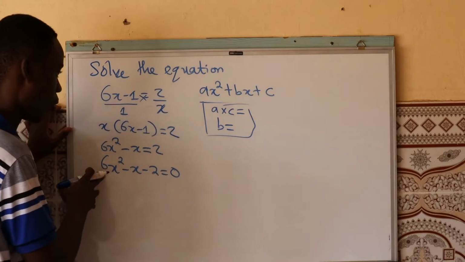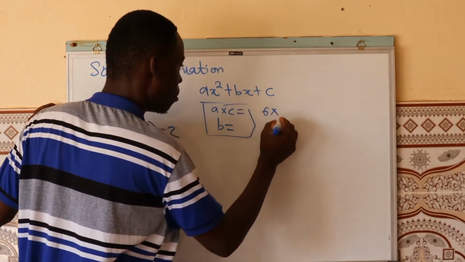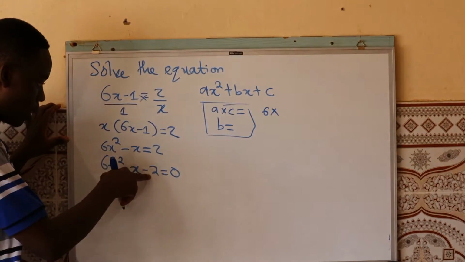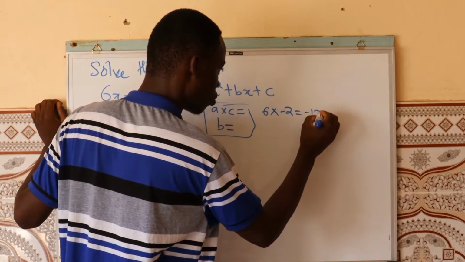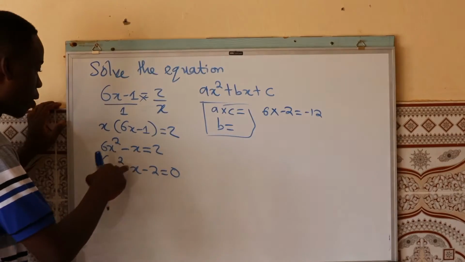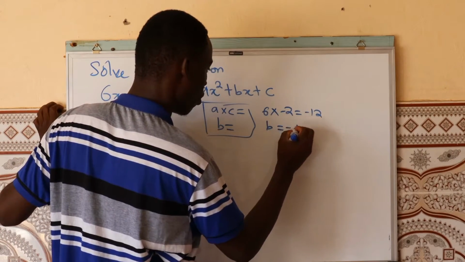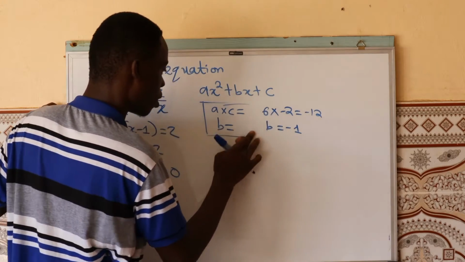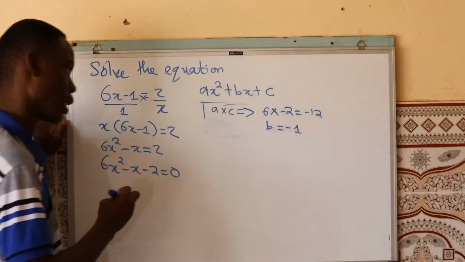Hence, in our case, our a is 6, so this would be 6 times negative 2, which is equal to negative 12. Then we have our b, which is equal to negative 1.